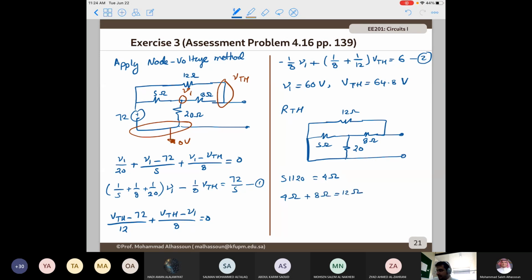So I will have 12 ohm in parallel with 12 ohm, and this is going to give me 6 ohm. So the Thevenin equivalent circuit between A and B is going to be a voltage source in series with a 6 ohm resistor.